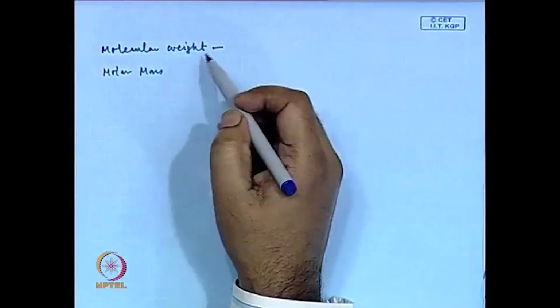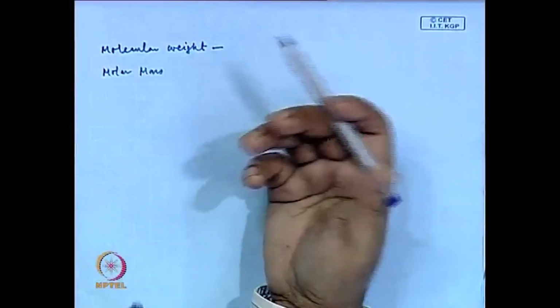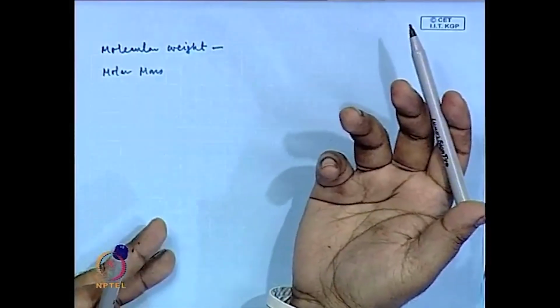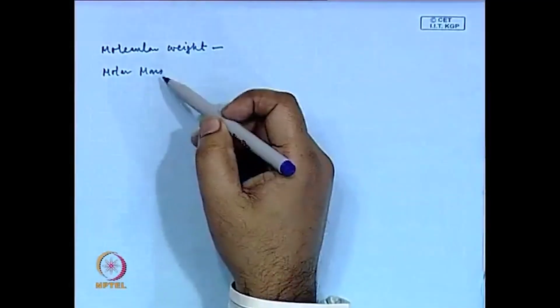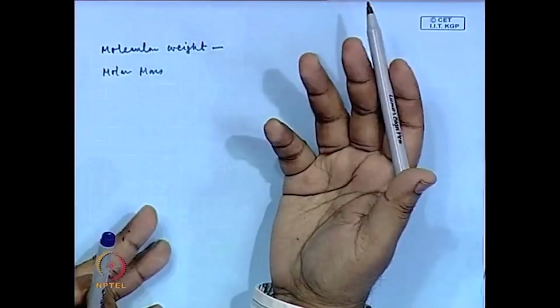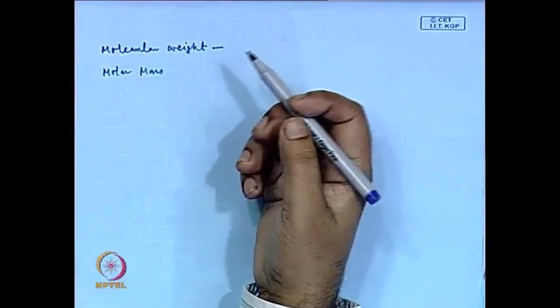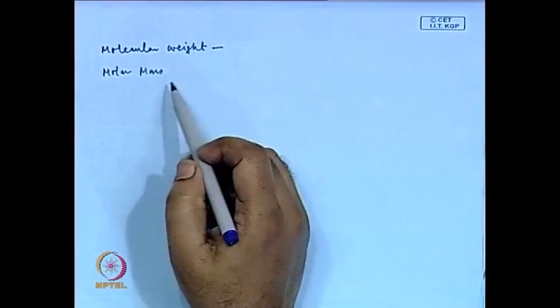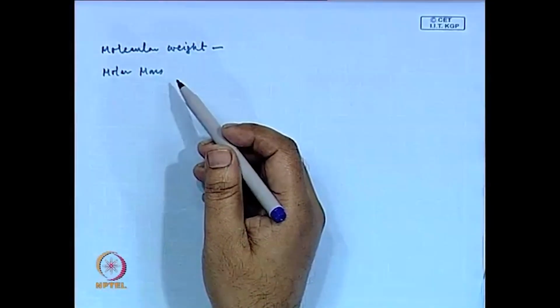Molecular weights are unitless, whereas molar mass has a unit, gram per mole or kg per mole, typically gram per mole. In this course we will use both the terms, molecular weight and molar mass, and as long as you remember the meaning, you can use these two terms independently.